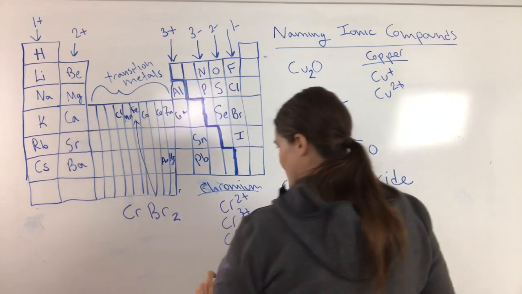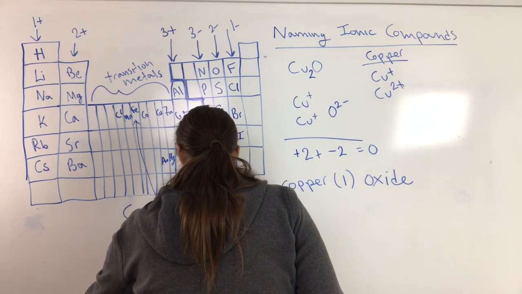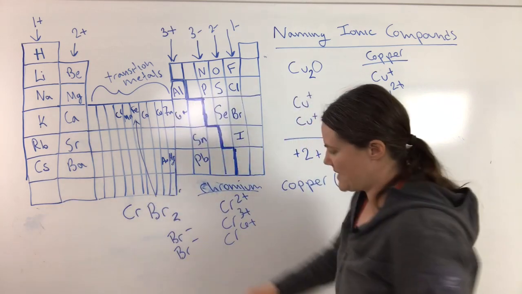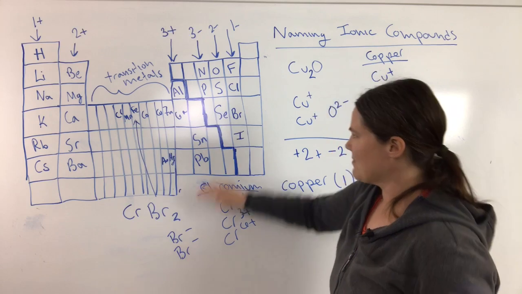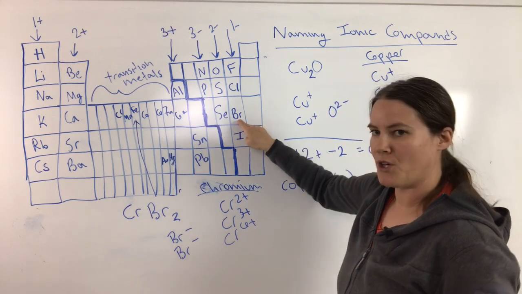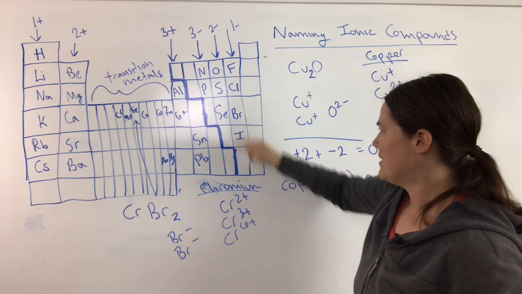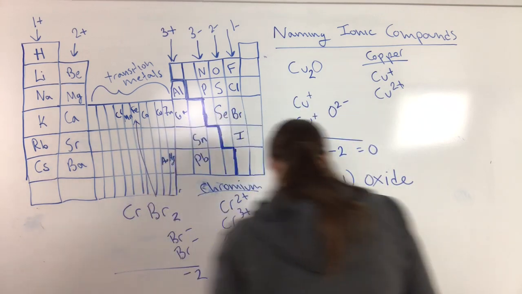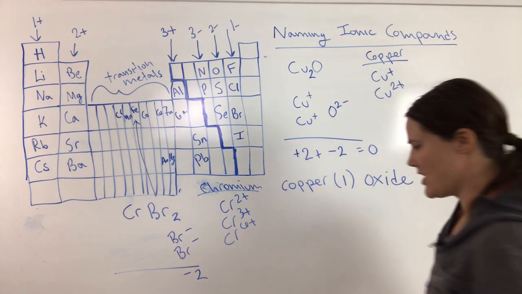So we can write down the charges that we have for bromine. We know that we have 2 bromines, and each bromine forms a -1 charge. So that means that we have a net -2 charge here.